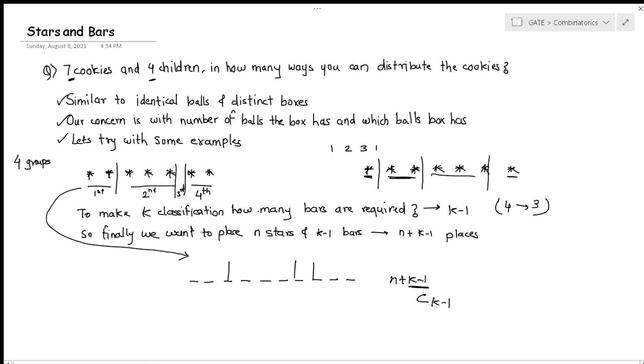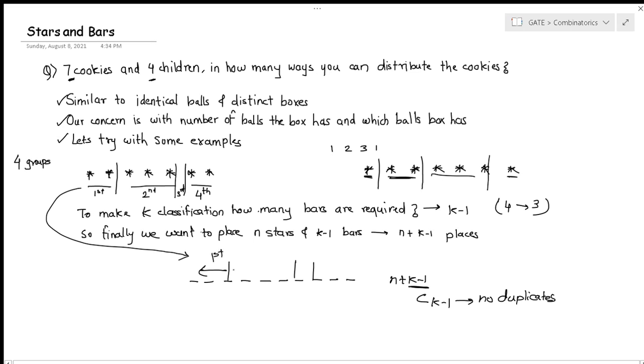Now we understood that when we use the nCk form, we take into consideration all the distinct combinations, right? There are no duplicates over here. In the formula itself, it doesn't count any duplicates, right? So it's quite obvious that here no distribution will be the same, because anything to the left of the first bar will represent the number of cookies for the first child.